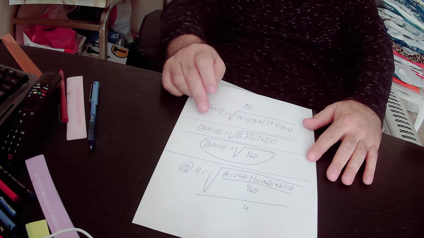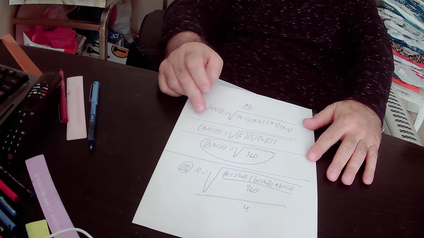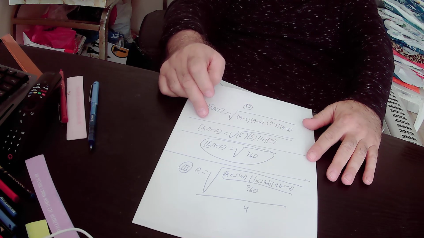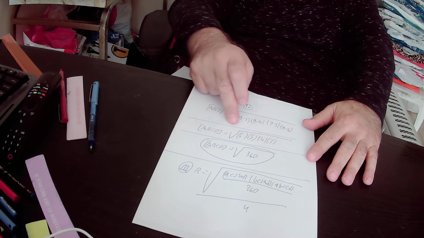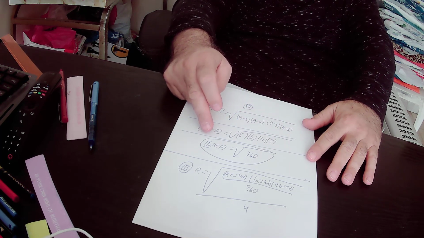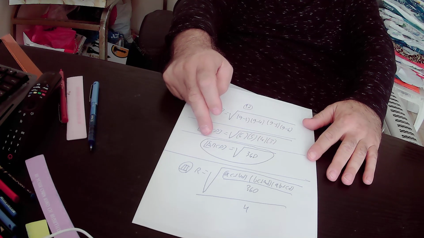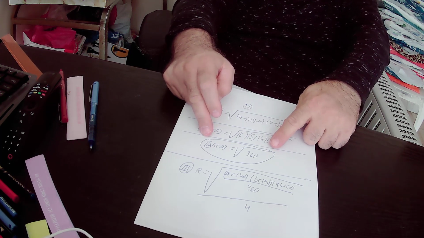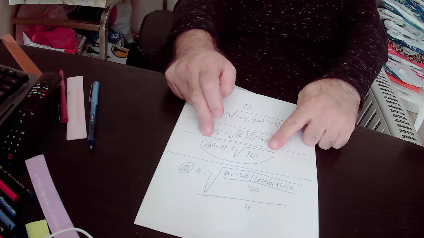So we found out that the area of quadrilateral ABCD equals this expression, and this expression equals the root of 360.